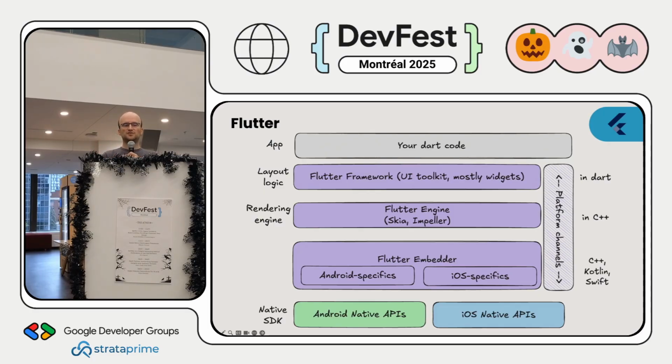And this sits on top of the Flutter embedder. The Flutter embedder is the last level of glue that mixes C++, Kotlin, and Swift to interop with the Android specifics and the iOS specifics of each operating system. And between those 3 layers, or even 4 layers, because your Dart code also exists there, you have platform channels.